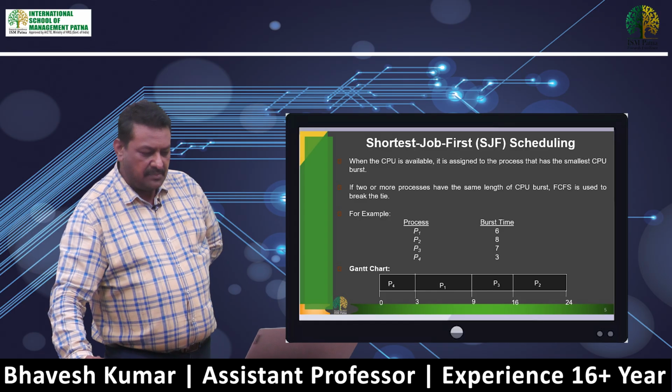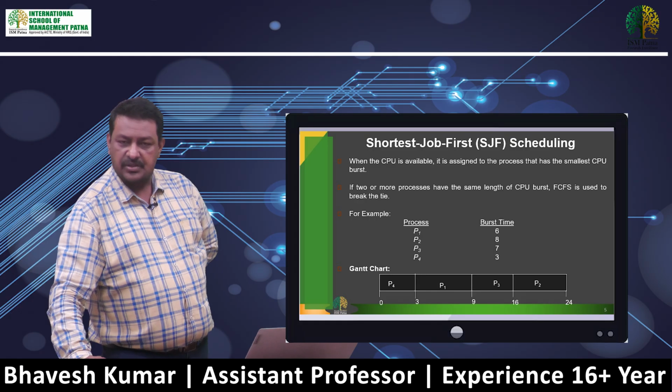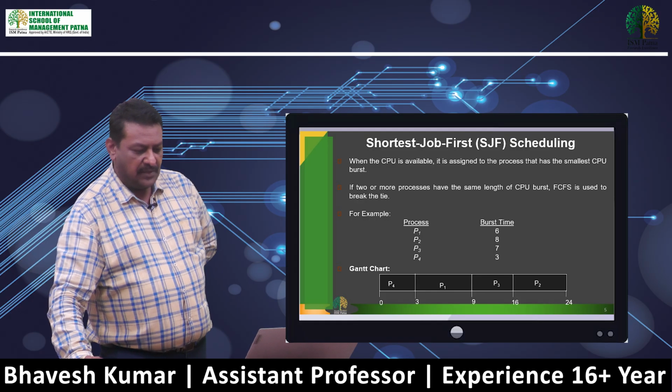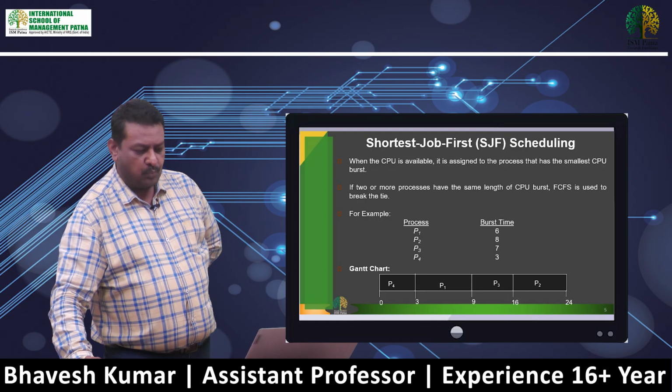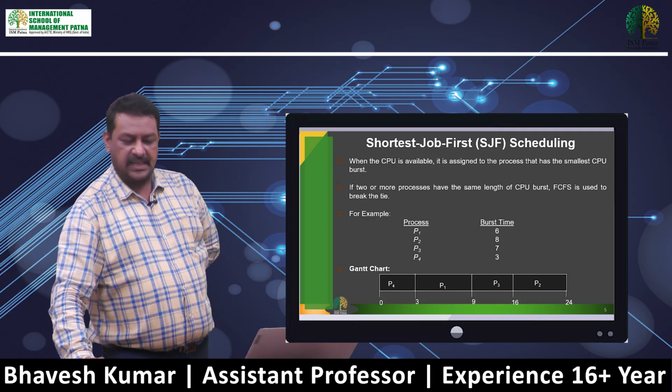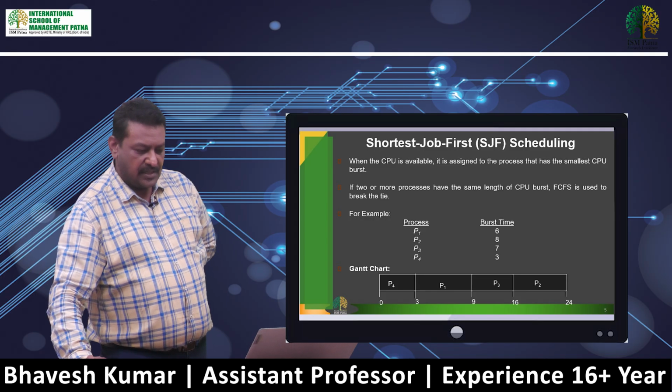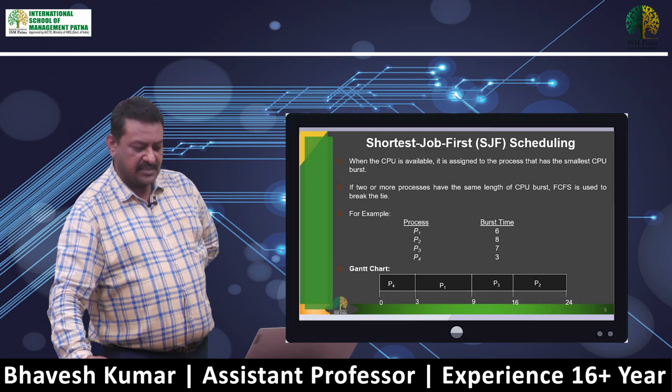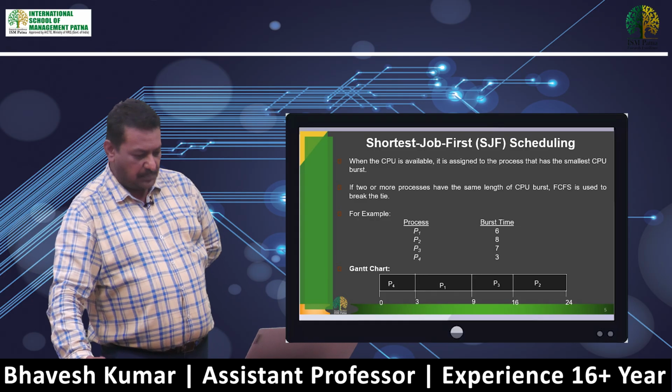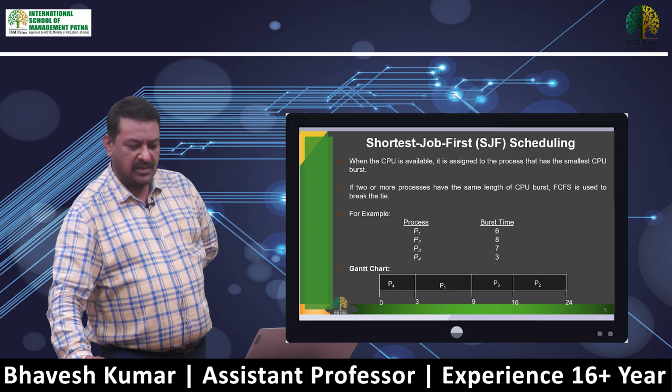If you leave away P4, because P4's execution got over, after P4 we have P1 which has the least burst time, that is 6 milliseconds. So soon after P4's execution, P1 was scheduled on the CPU and P1 was executing for another 6 milliseconds. So total 9 milliseconds have elapsed.